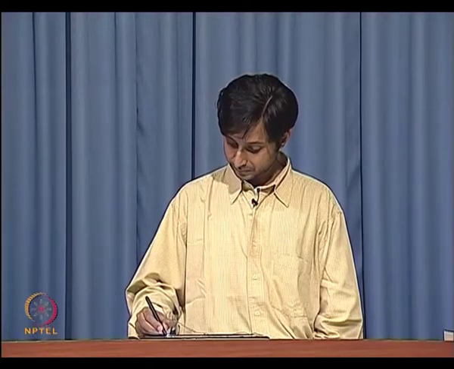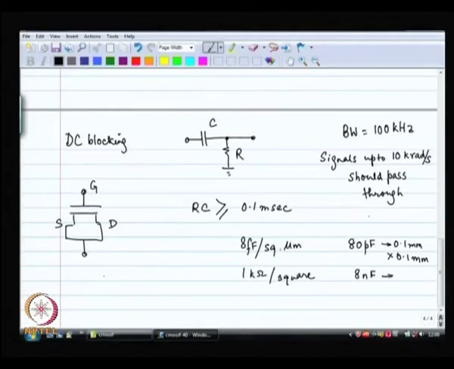Right. If you want to make 8 nanofarads, that is 1 mm by 1 mm, that is almost the size of your whole chip. If you are making a 1 mm by 1 mm chip, that is all that you have, you are going to get 8 nanofarads. Okay.